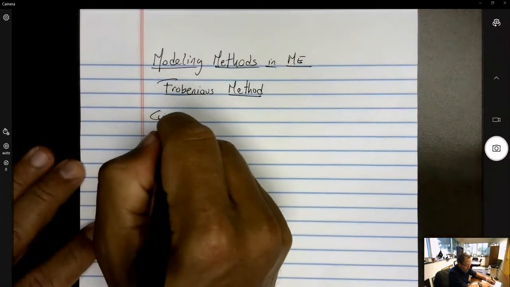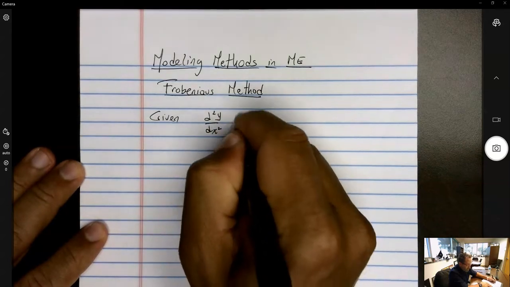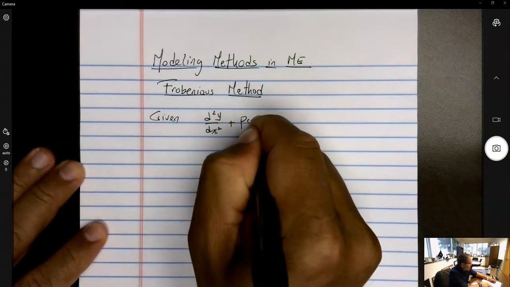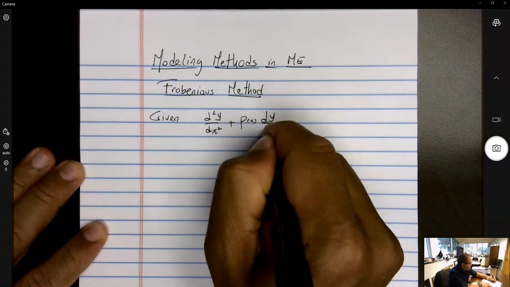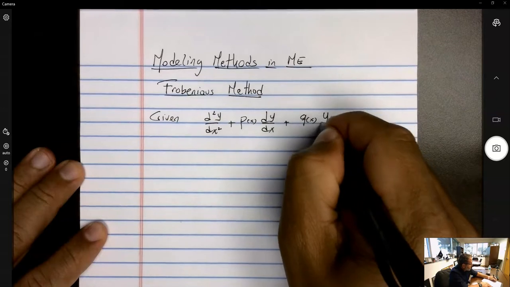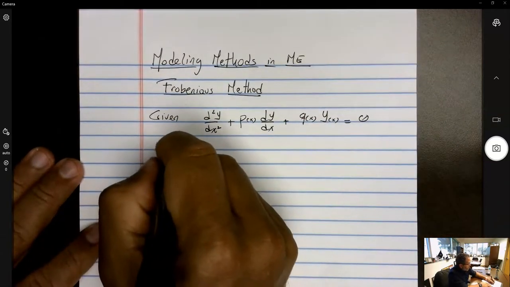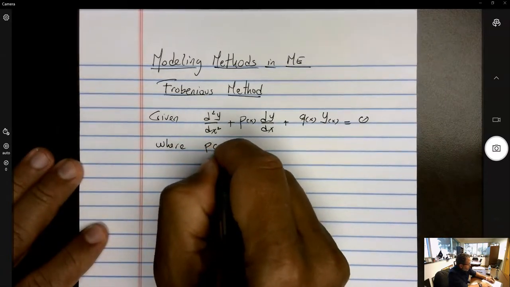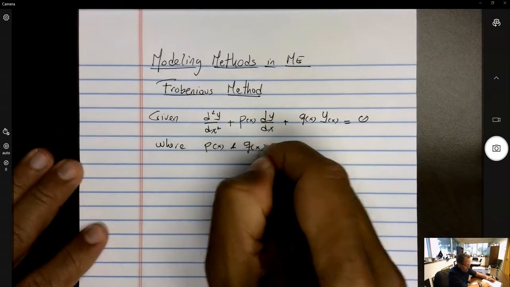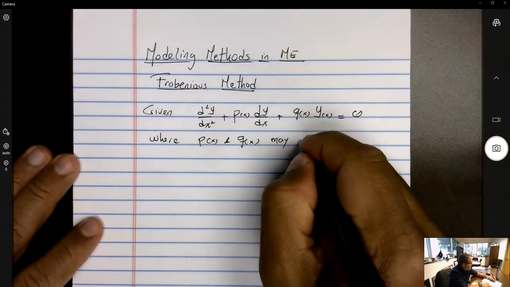If you are given a second order ODE, written in the generalized form with P and Q, where P and Q are these variable coefficients, it turns out that they may be singular.